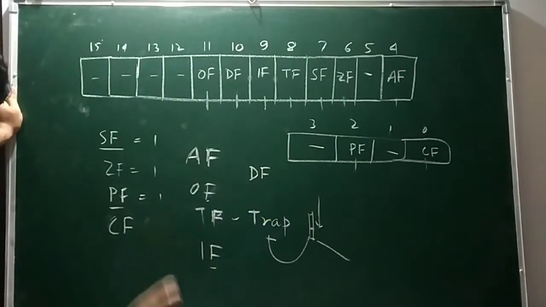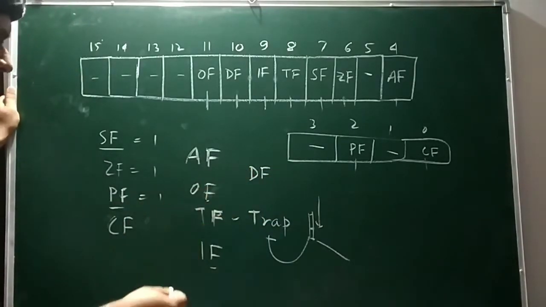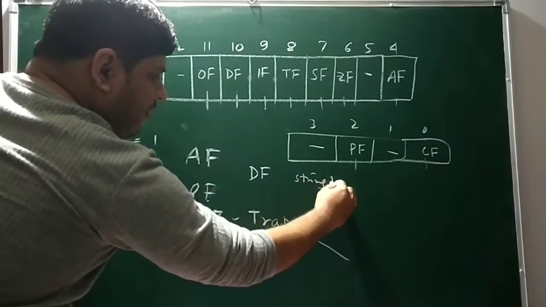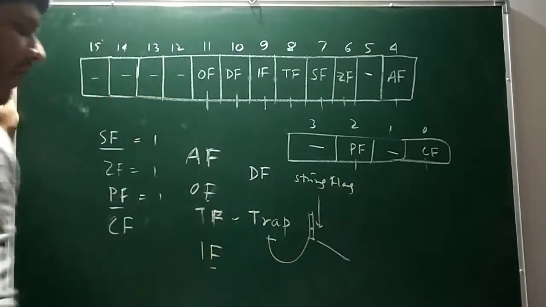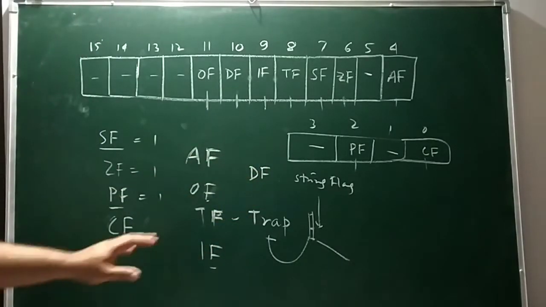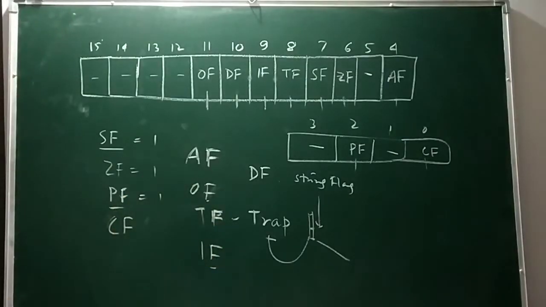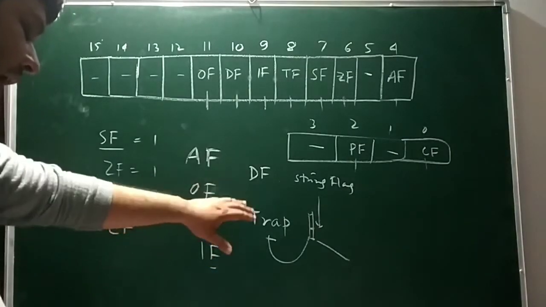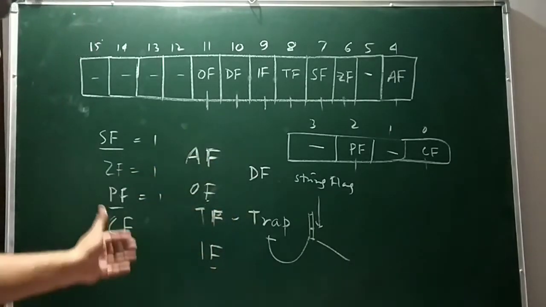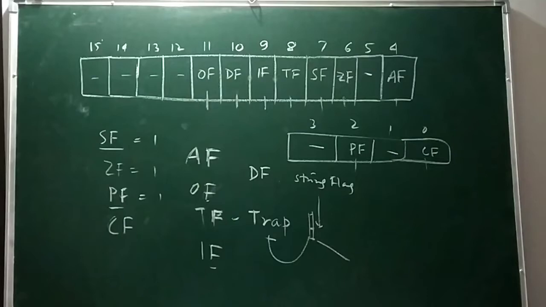Then we have direction flag, or you can say string direction flag. In some books it is written string flag or string direction flag. Fine. So this string direction flag, or simply direction flag, is used by string manipulation instructions. If this flag bit is 0, the string is processed beginning from the lowest address to the highest address, that is auto incrementing mode.